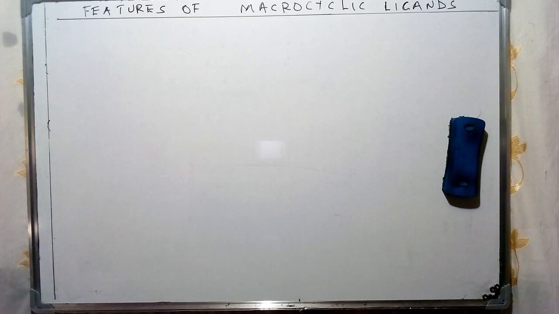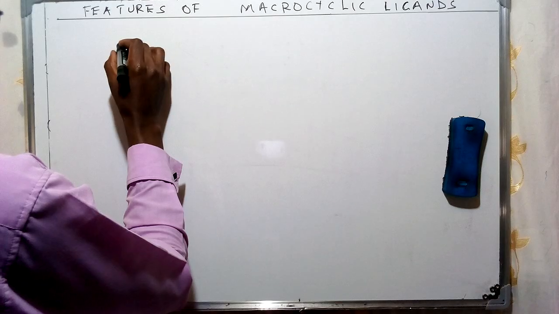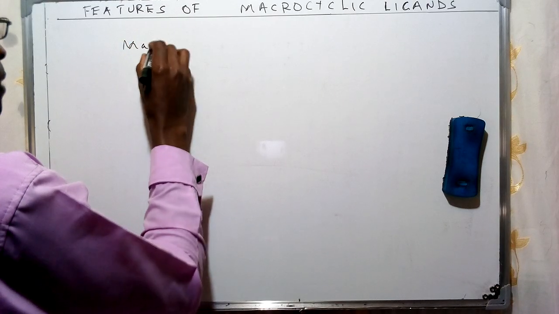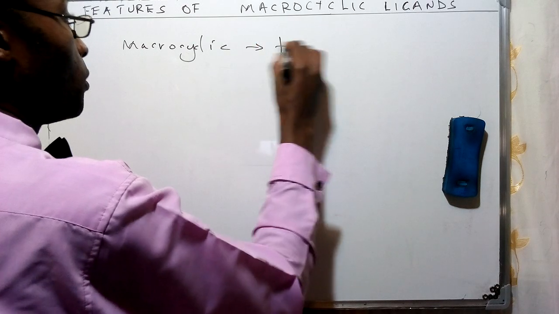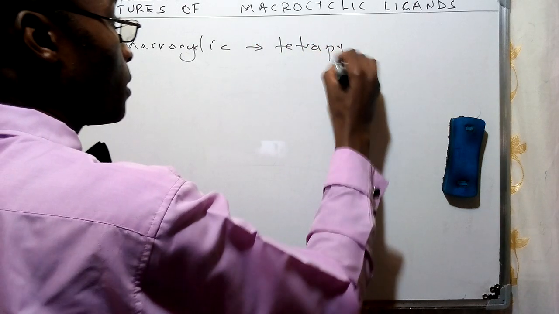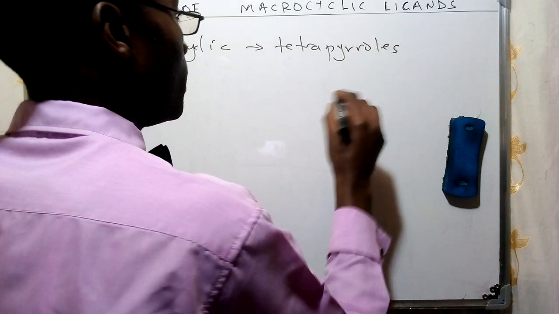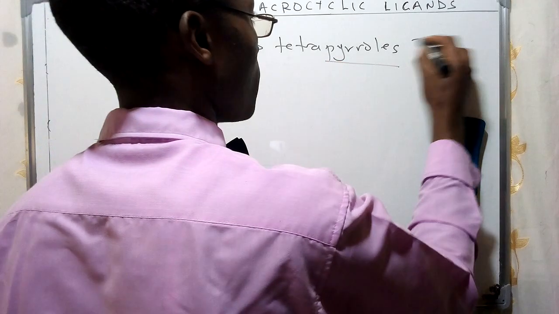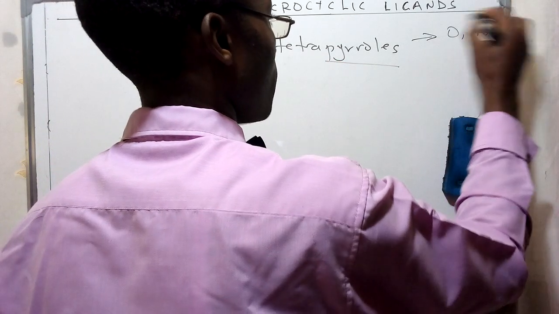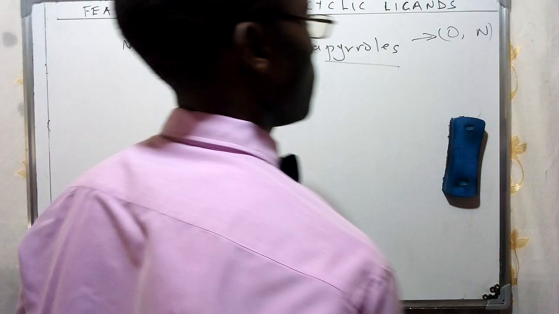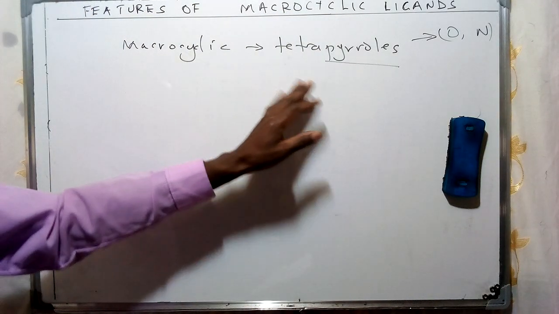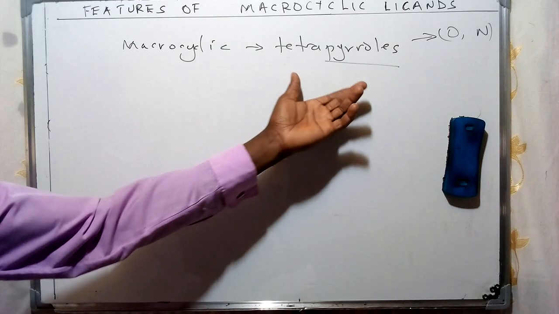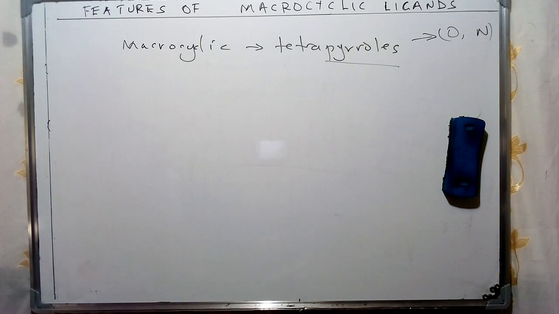Now, basically in nature, these macrocyclic ligands are going to be described as tetrapyrroles, and I've mentioned that the pyrroles are heterocyclic compounds. These are unsaturated, cyclic, macrocyclic ligands which bind to metals to form these specific complexes.